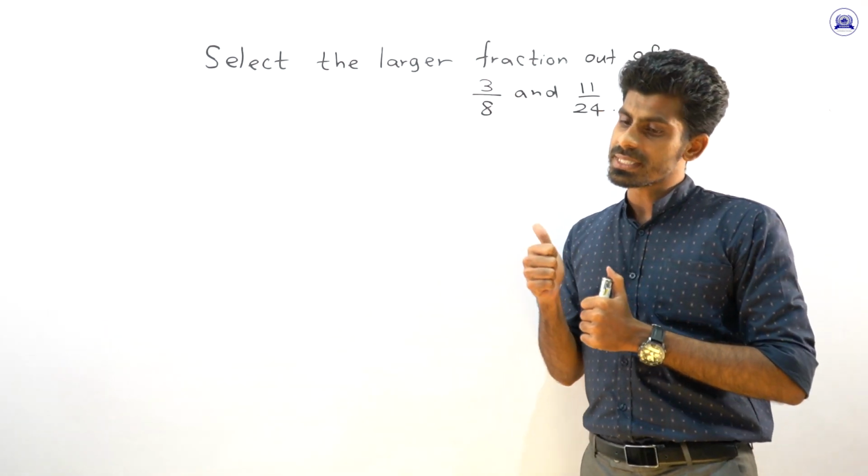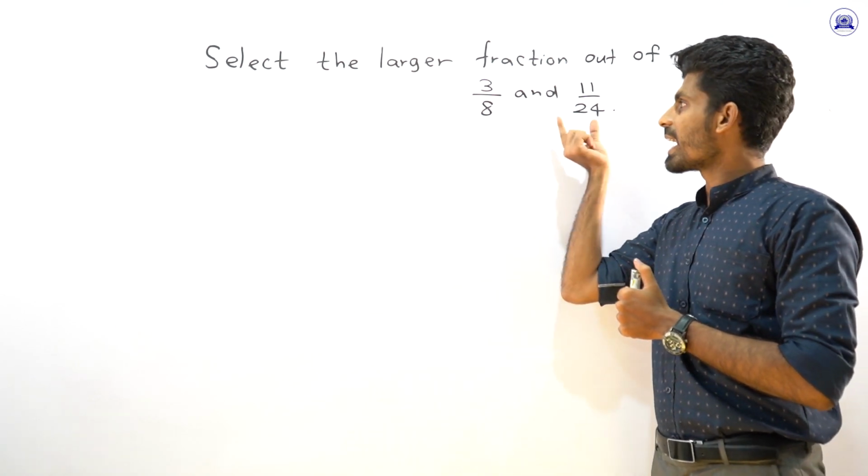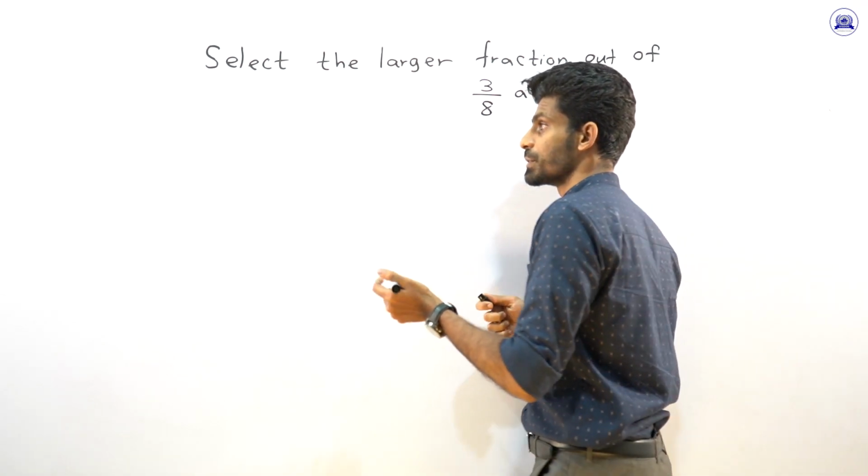First, we need to write down the multiples of 8 and 24. I will show you how to do that.